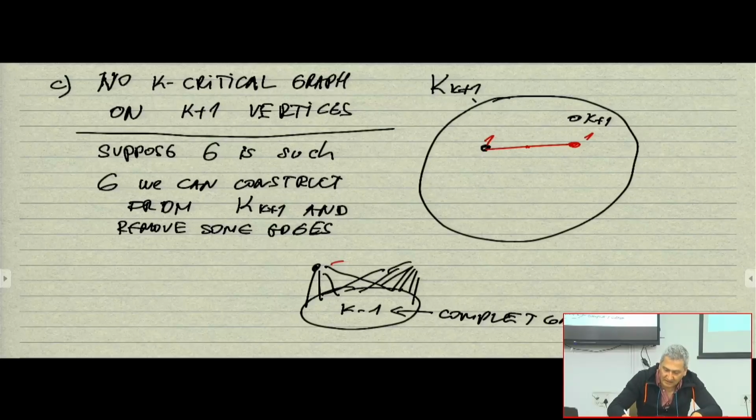And this is the unique removed edge. Let's say this was U and V. And this graph has chromatic number equal to k.